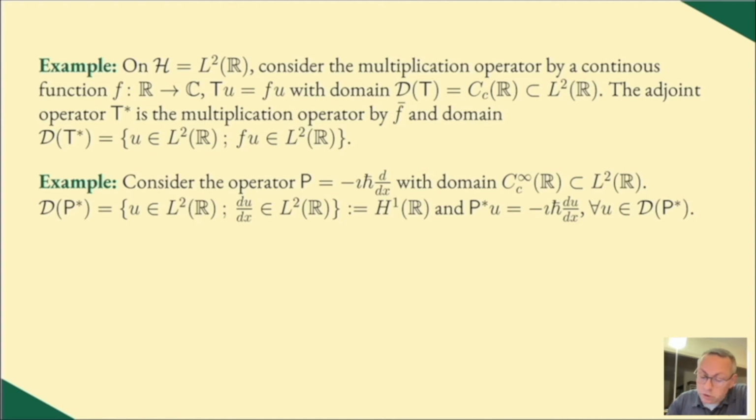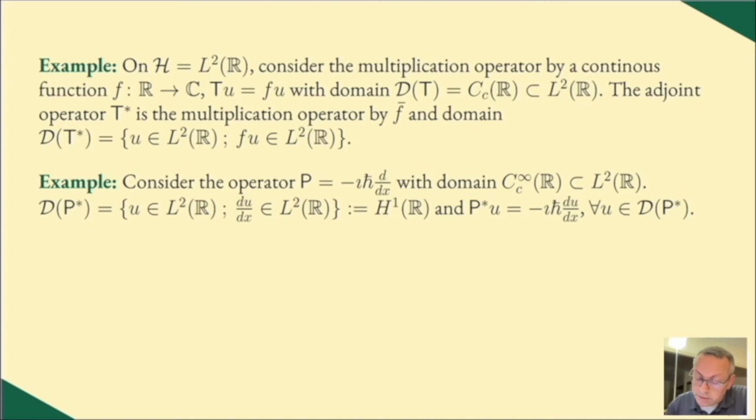And so this is dense in L2, so we have a densely defined operator, so we can speak about its adjoint. And its adjoint is simply the multiplication operator by the complex conjugate of f. Yeah, this is very easy to see. And the domain of this operator is just the set of u such that the product fu is in L2. It's nothing more.